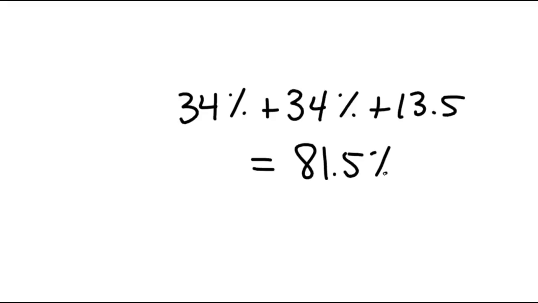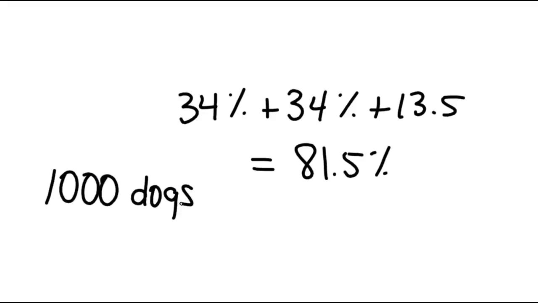Okay, so all you're doing is plugging the information into the bell curve, and then you're looking at the percents and adding up. If I said there's 1,000 dogs, this guy has 1,000 of these dogs, and I asked you how many dogs fall between those weights, then you need the percent, and you change it to a decimal, so you divide by 100, and you get 0.815, and you times it by how many dogs, or whatever we're talking about.